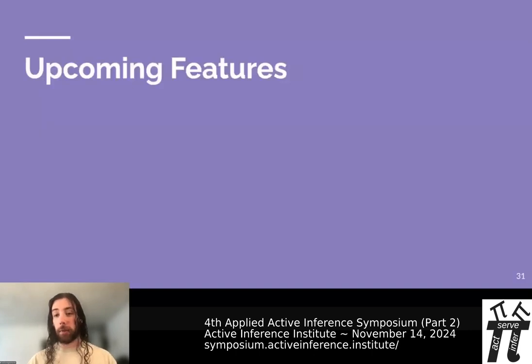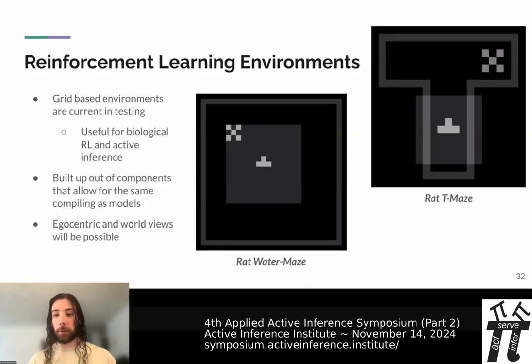And finally, some upcoming features. Reinforcement learning. Once again, this is actually currently in our development branch. So we have grid-based environments. Technically, you don't need to make them grid-based. It's just the easiest one to visualize. It's using components.